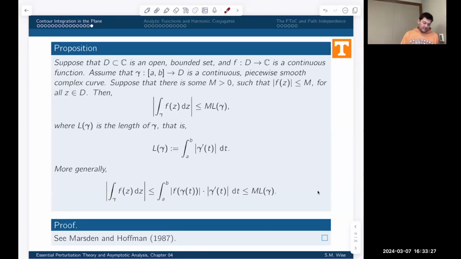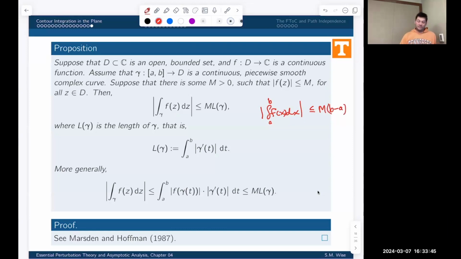And that all makes sense, right? Because that's exactly the same thing for a real integral. If I take the absolute value of the integral from a to b of f of x dx, and f has bound M, then this is less than or equal to M times (b minus a). Okay, so that's familiar to us from real land, and it holds also in contour land as well.